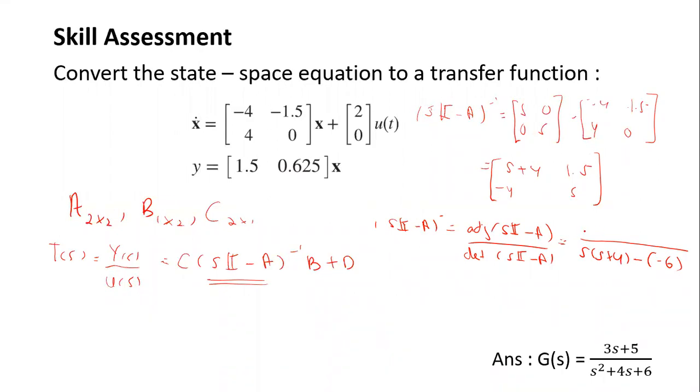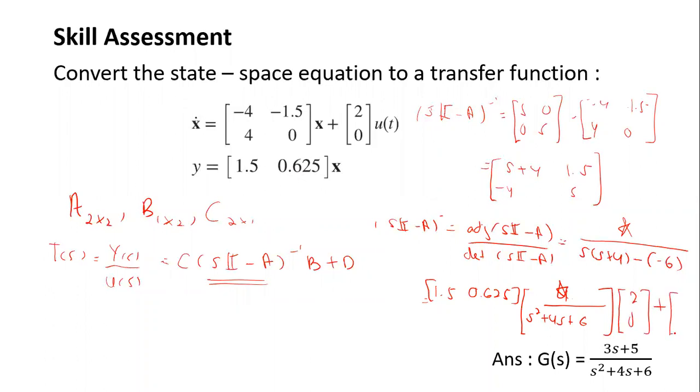Then when you get the results, you can substitute the value of C, which is 1.5, 0.625, multiplied by the adjacent here, which is 1 over S squared plus 4S plus 6 times the adjacent, multiplied by B, 2, 0, plus D. In this case, D is 0.